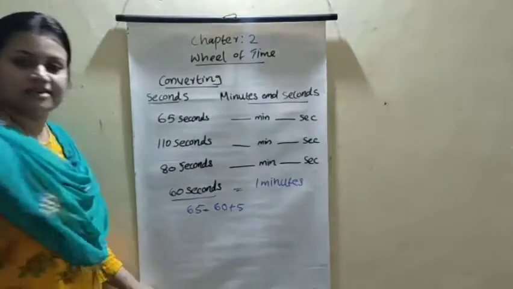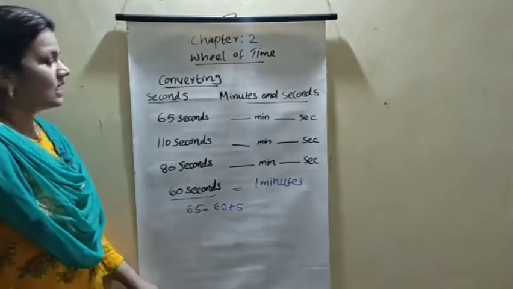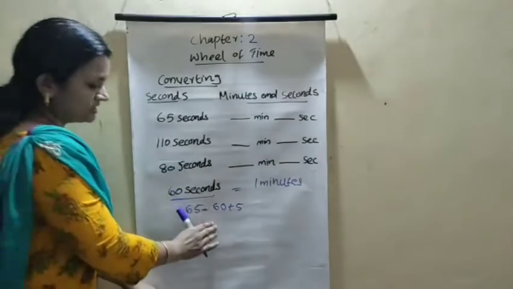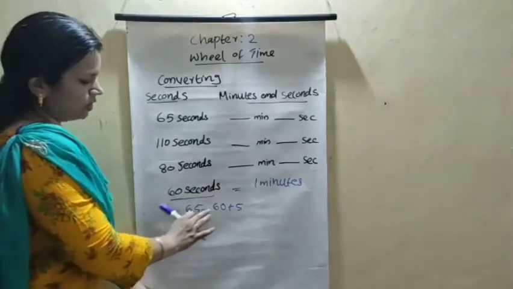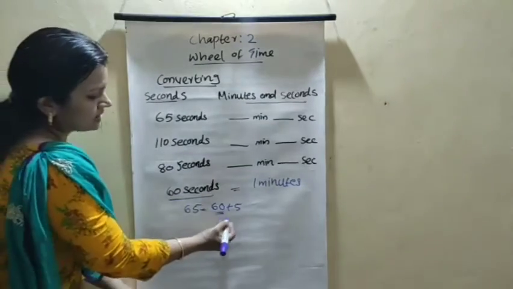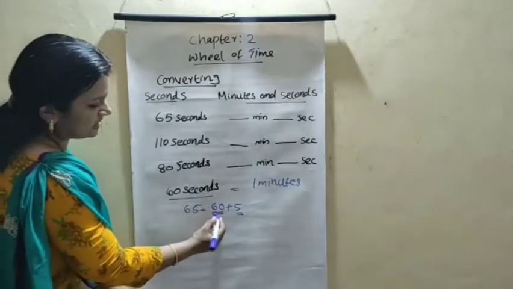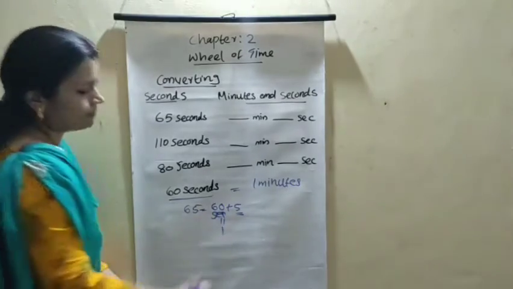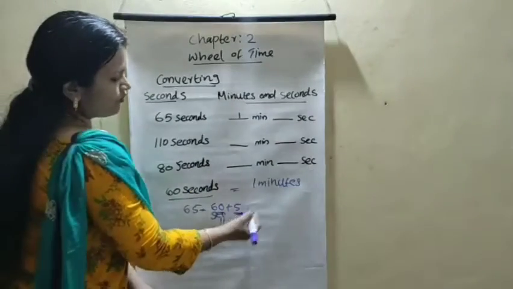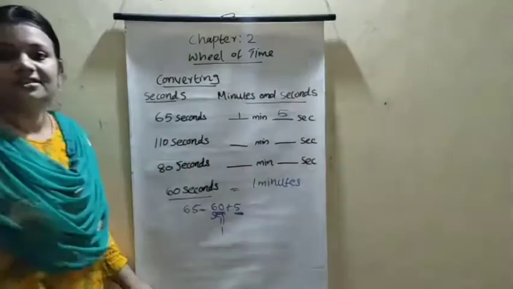First of all, you split this number depending upon 60: 65 equal to 60 plus 5. This is the minutes, this is the seconds. 60 seconds equal to what? 1 minute. So we can write 1 minute, 5 seconds.